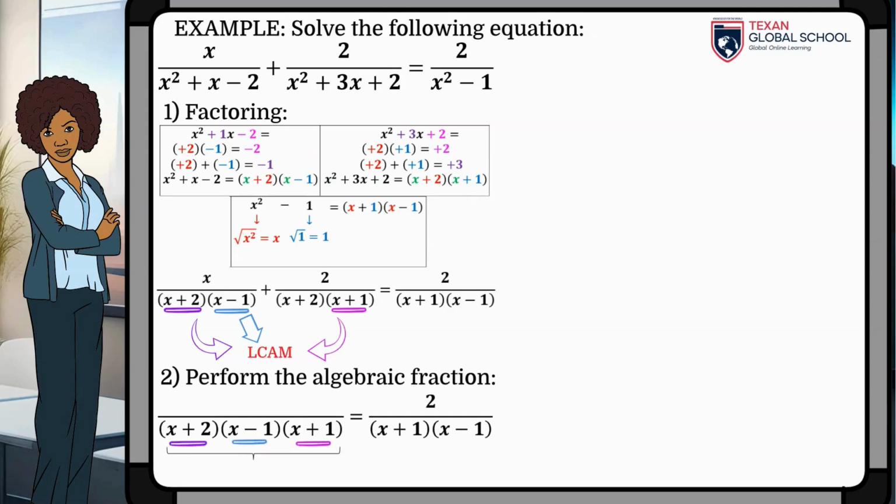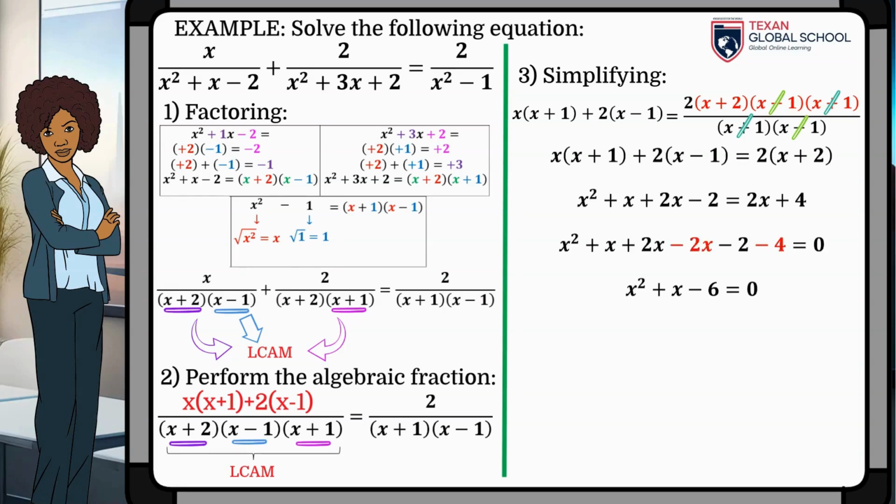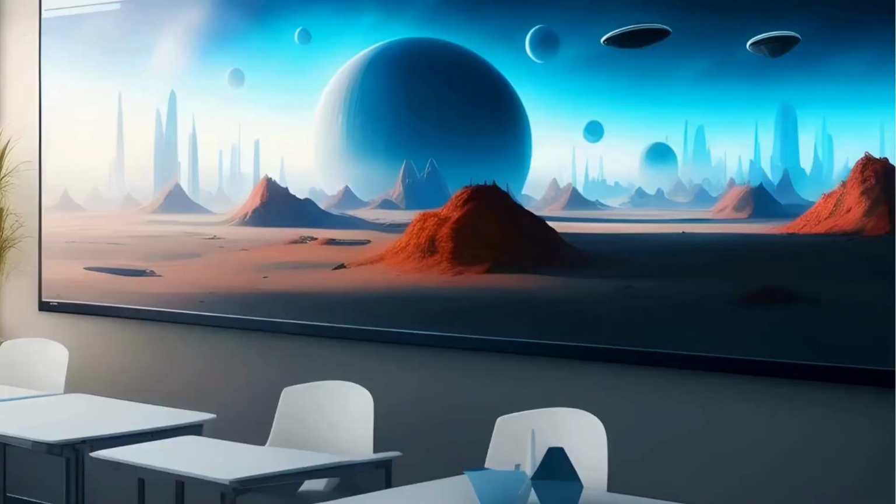The least common multiple over the denominator times the numerator, and the process is repeated for each term. Now, develop the products of the numerator. And with the multiplicative property of equalities, send the denominator to the other side of the equation, multiplying. Then, by expanding and simplifying, the result is a quadratic equation that will be solved using the quadratic formula.